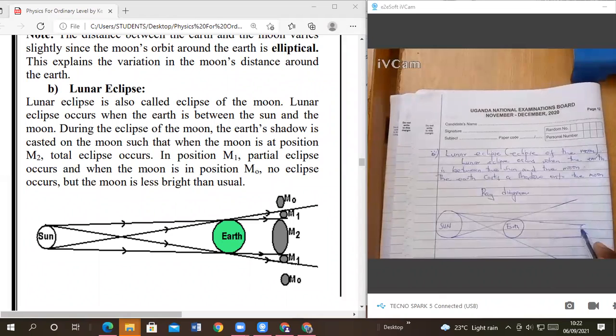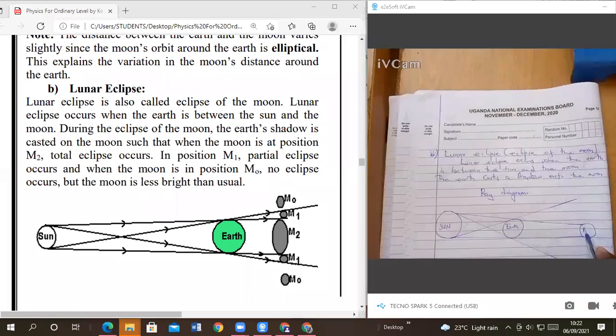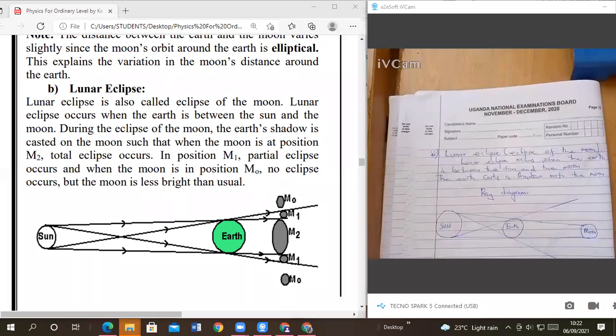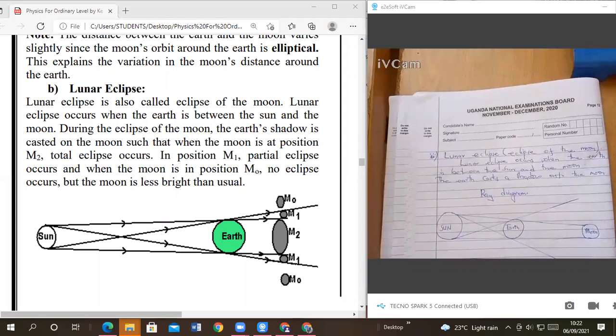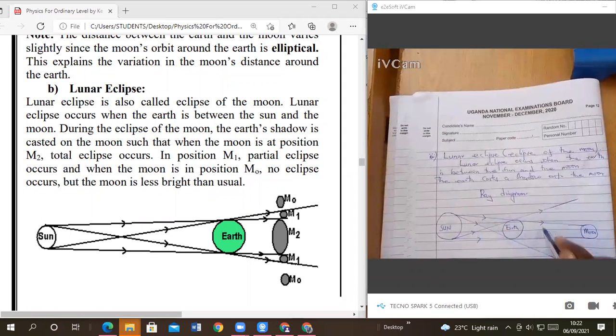So this is the moon. Don't forget to put the arrows because they are giving the direction of light.